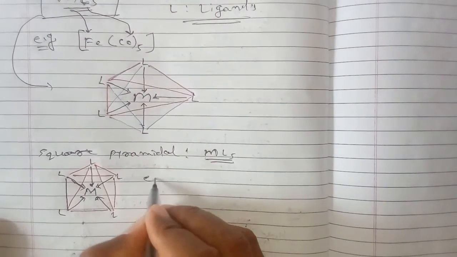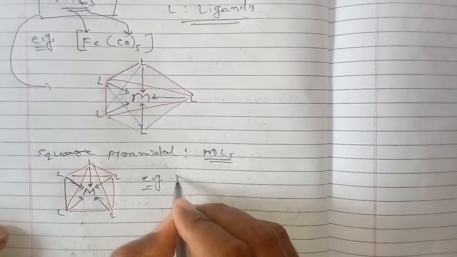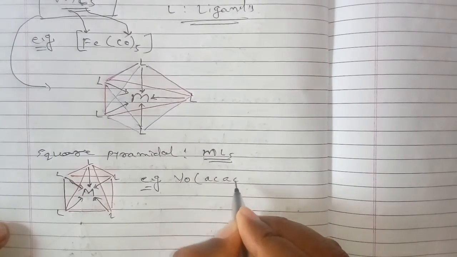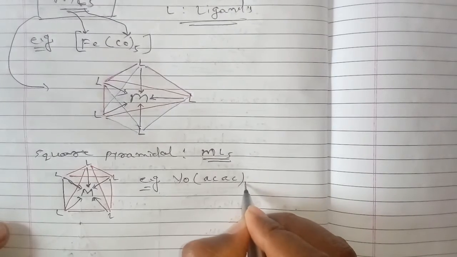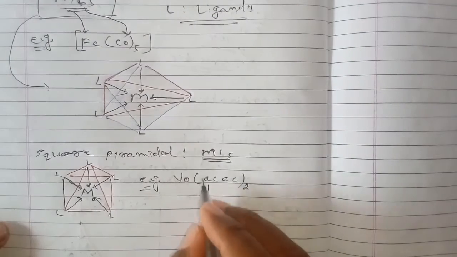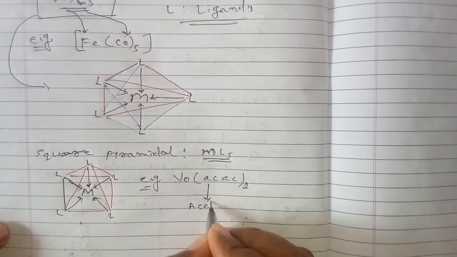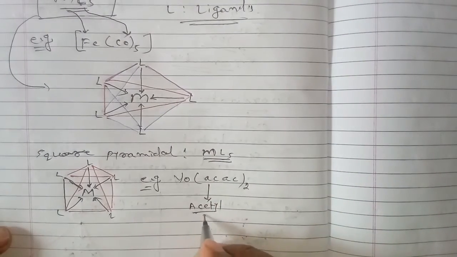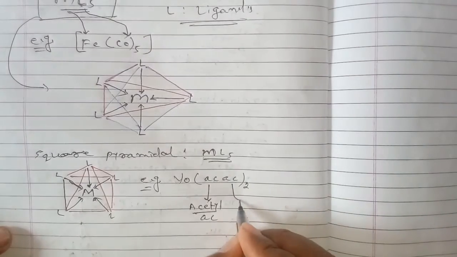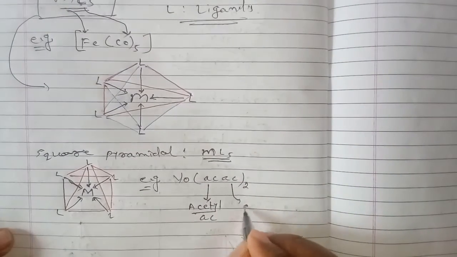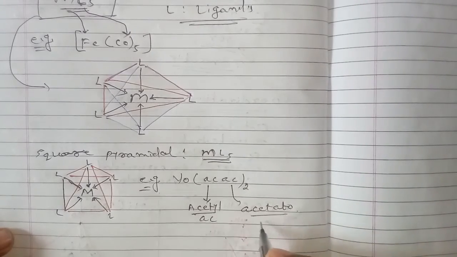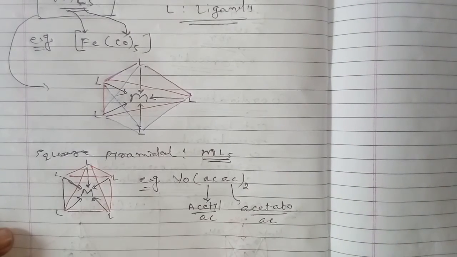And for example, VO(AC)2. Here the AC is acetyl and this is written as AC, and this AC stands for acetato, also written as AC.